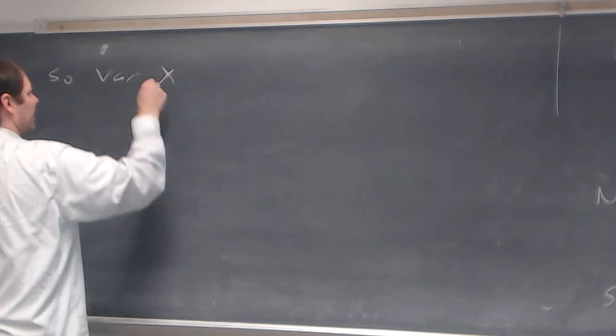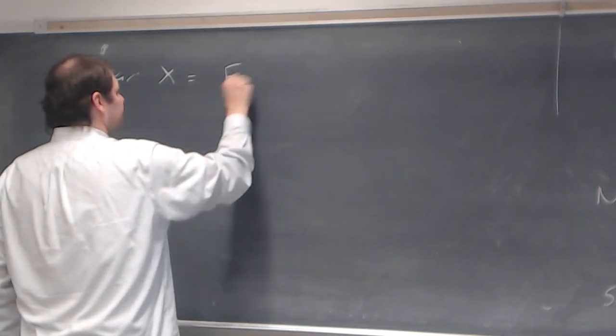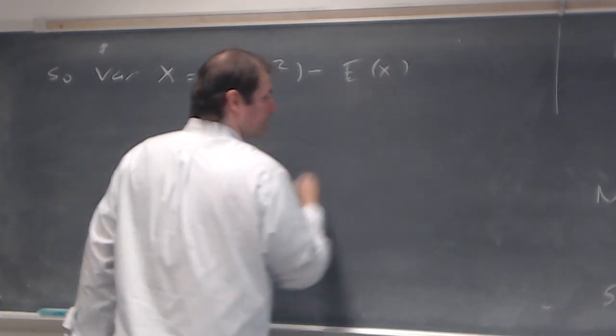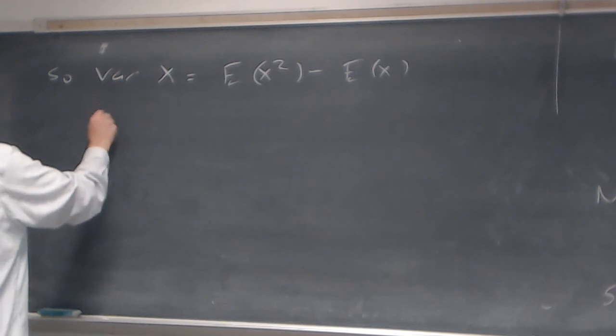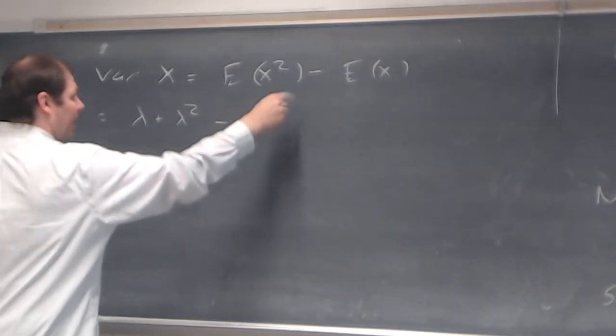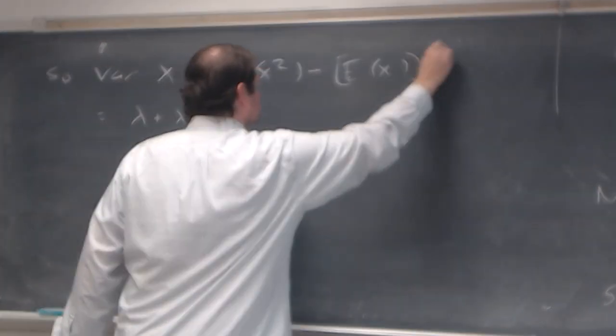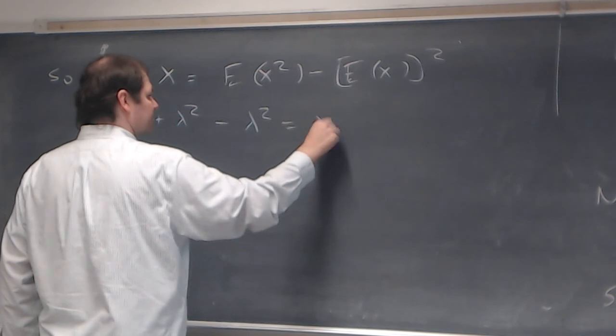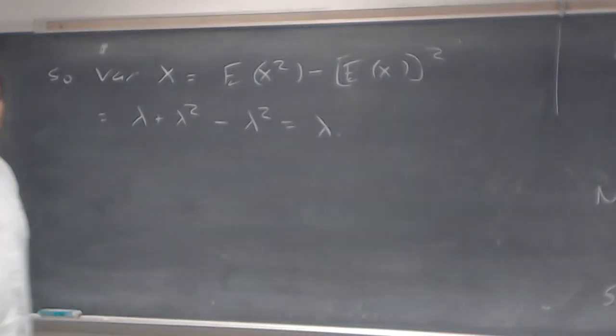The variance of x when it's Poisson is going to be the expected value of x squared minus the expected value of x, squared. And so here we're getting lambda plus lambda squared minus, oops, I made a mistake, this is to be squared. The expected value of x we found to be lambda, so it's lambda squared, so we just get lambda. And that's what we were expecting.